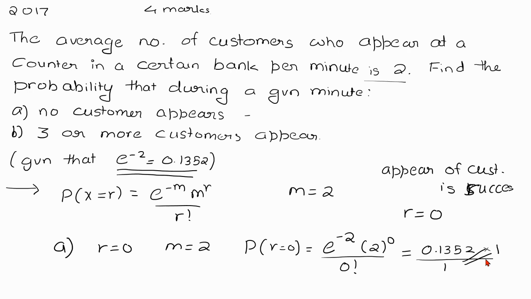Now let's go for the second sub question. The second sub question asks that three or more customers appear. That means I need to find the probability of three customers plus four customers plus five customers plus six customers, and I don't know till what.